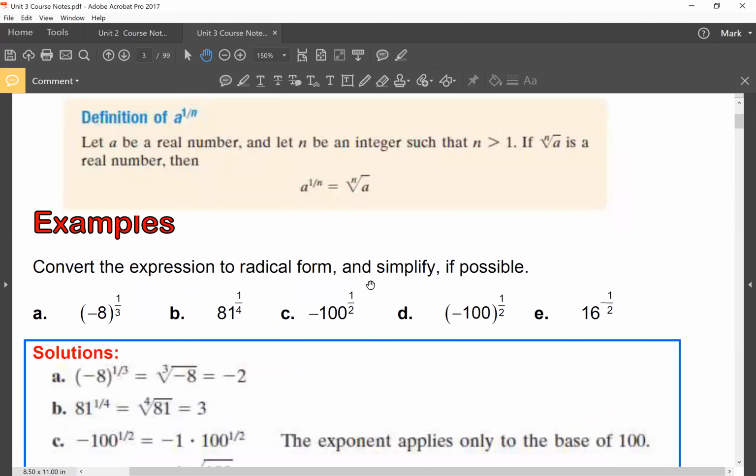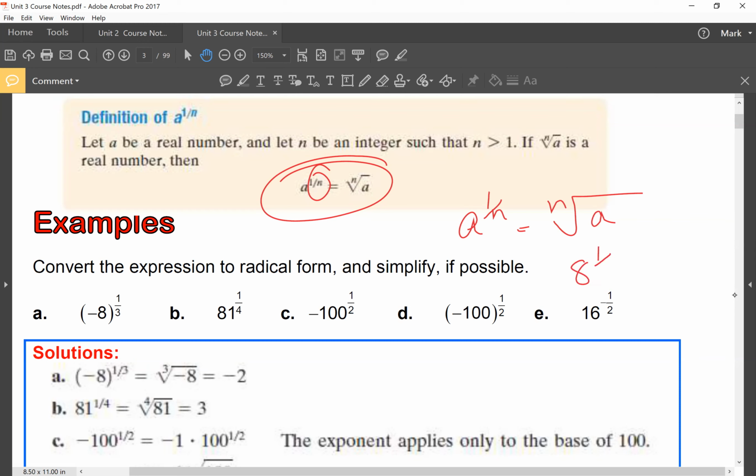So let's look at some examples of this. For this definition, this rule in math, if I have a to the 1/n, it's going to equal n root a. So if I had 8 to the 1/3, I did this earlier, this would equal the cube root of 8.